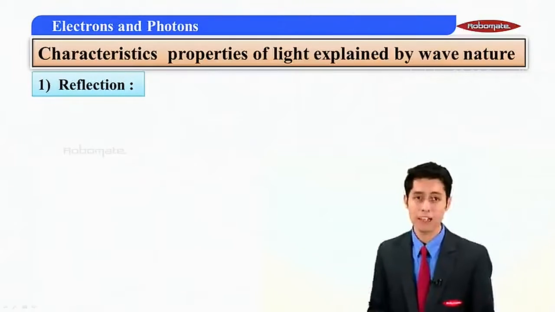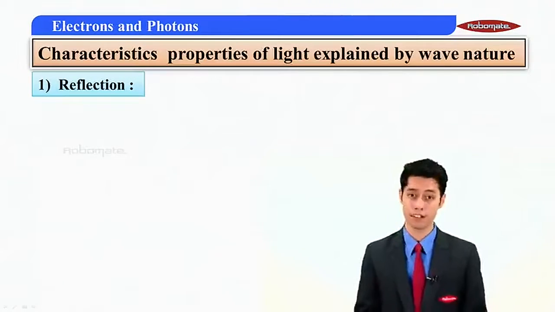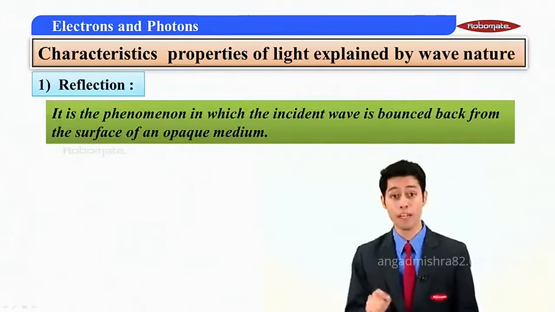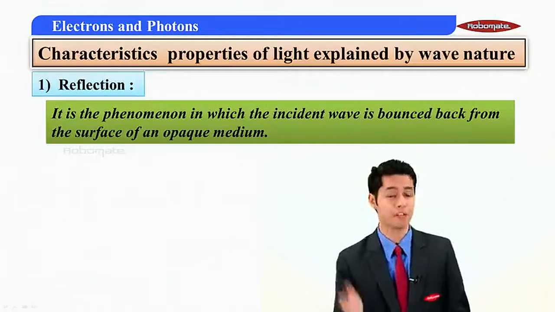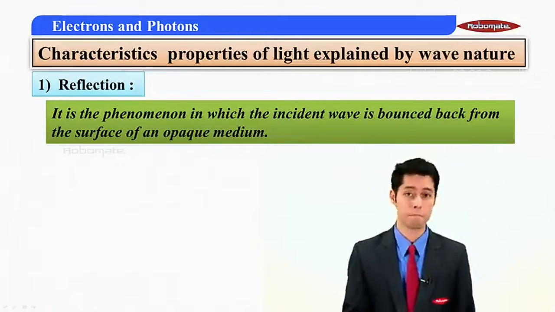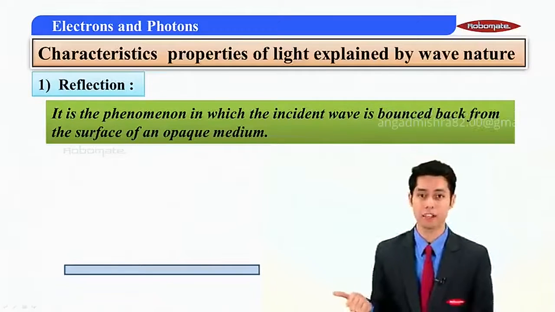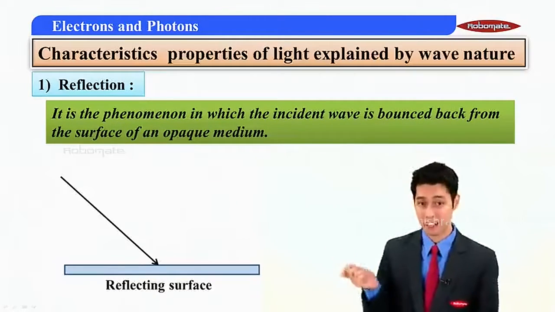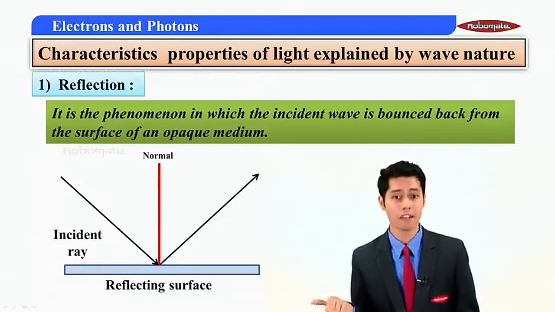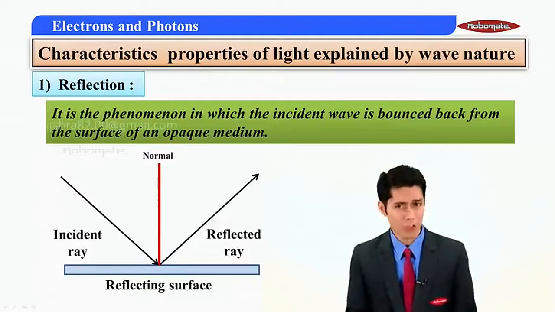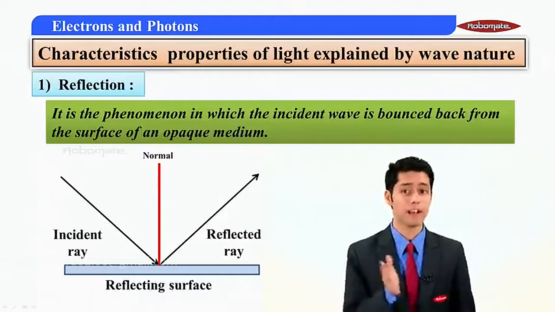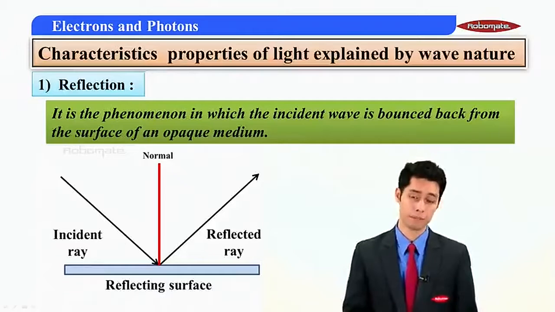Now this property was only explained by wave nature in the start. It is a phenomenon in which an incident wave is bounced back from the surface of an opaque medium. You can see the reflecting surface over here. There is an incident ray which is coming, this is my normal, and I also have one reflected ray.